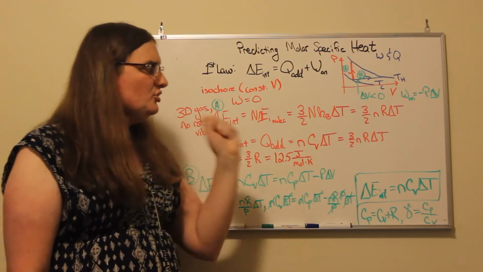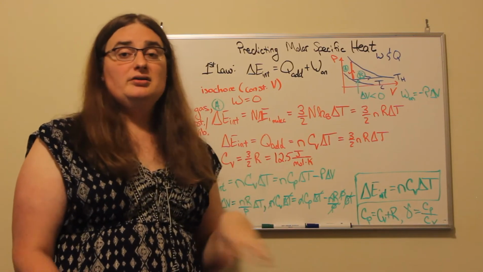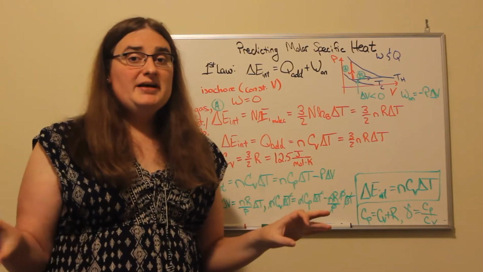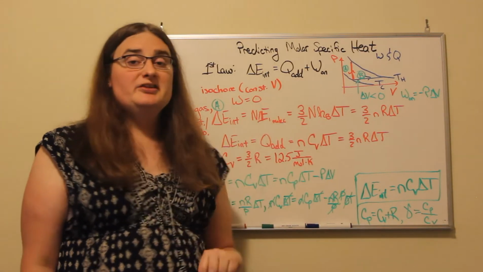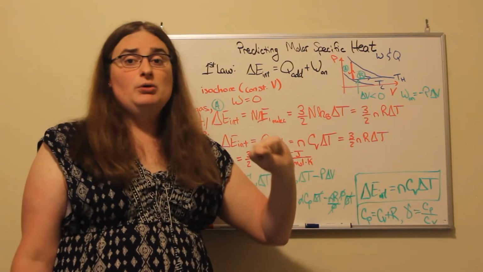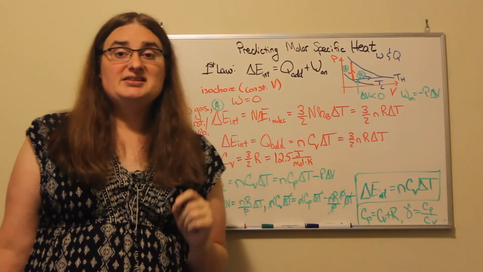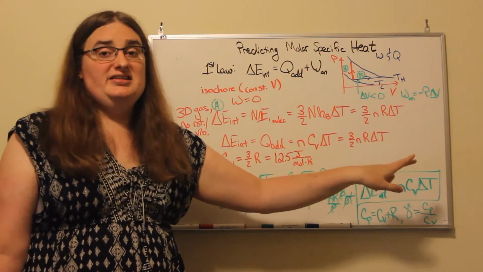So the change in internal thermal energy of a three-dimensional gas with no rotation, no vibration, would be 3/2 times the number of moles times the universal gas constant R times delta T.